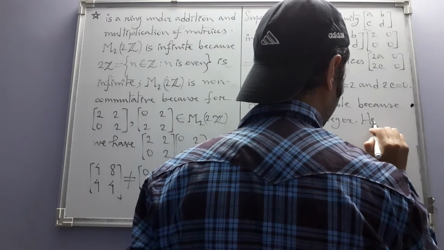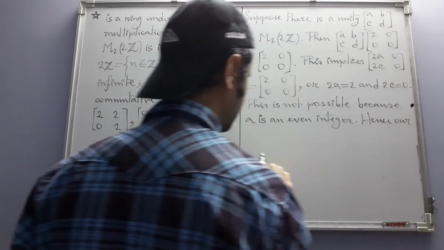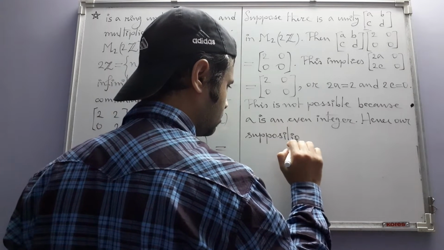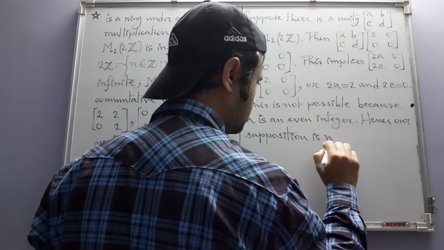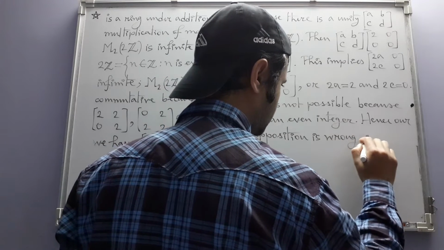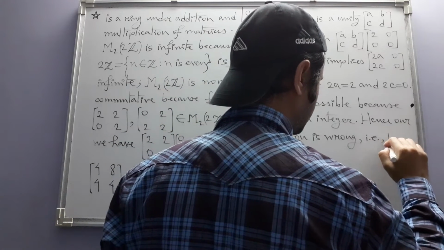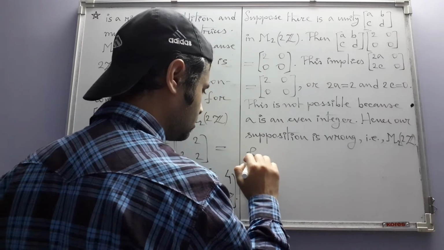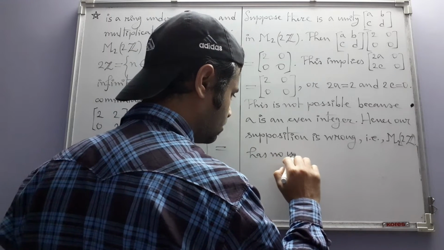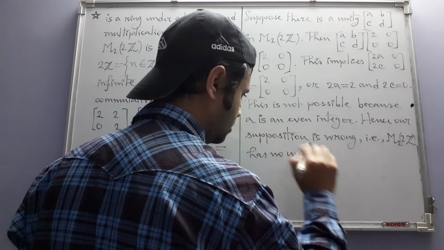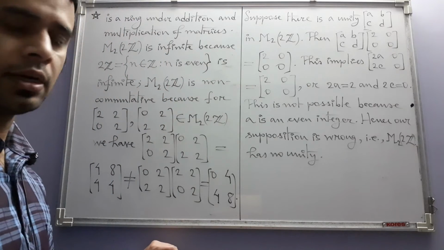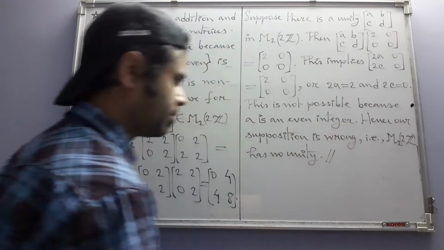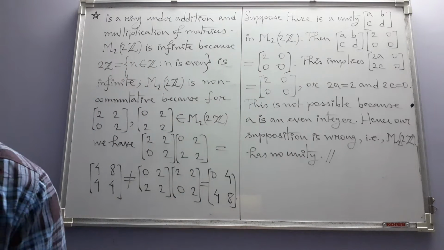Hence our supposition is wrong, i.e. this ring has no unity, much like our society. So this completes the first solution.